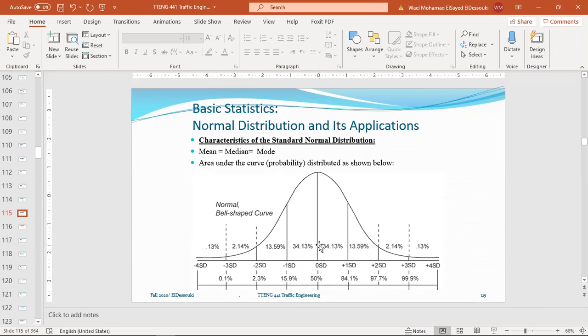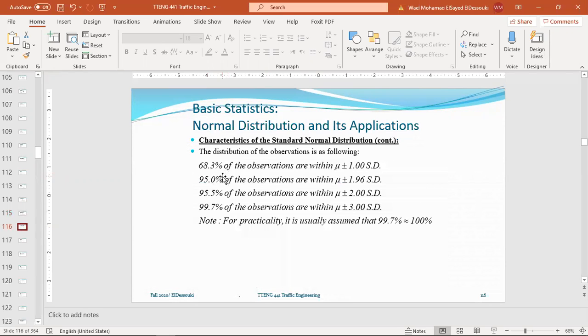The area is distributed as follows, between the mean and two standard deviations. The probability of 95%, for example, is that all observations are within mu plus or minus 1.96 standard deviations.